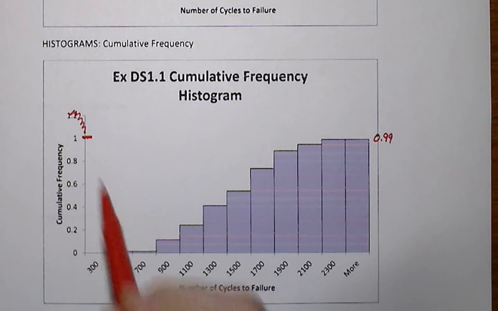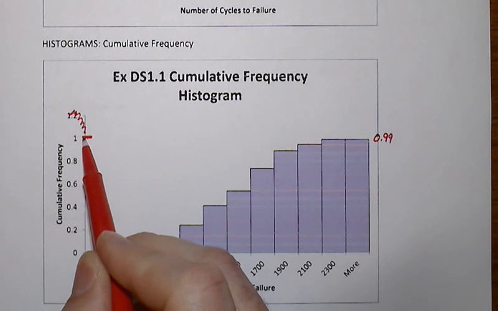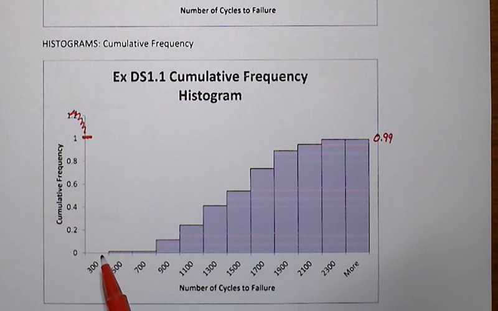Does that person understand that you can't have 120% cumulative frequency? I'll accept in sports that someone can give 120% effort, because it all depends upon what it's relative to. But when you're talking about percent of the data, it can't be more than 100%.